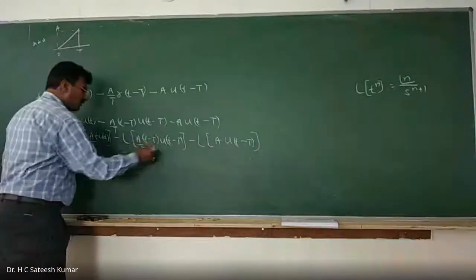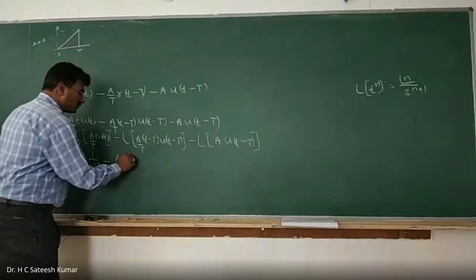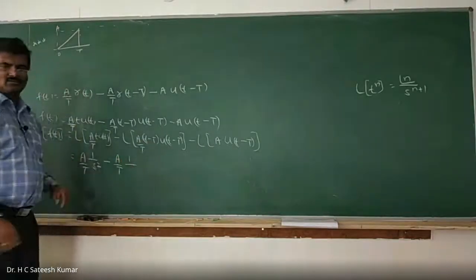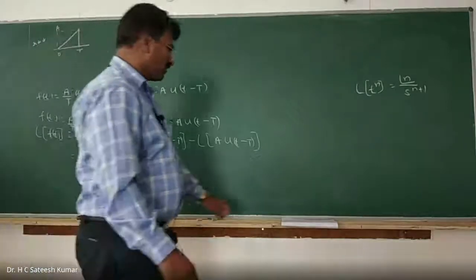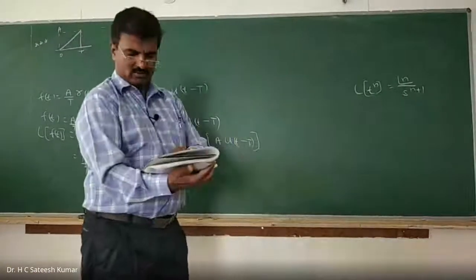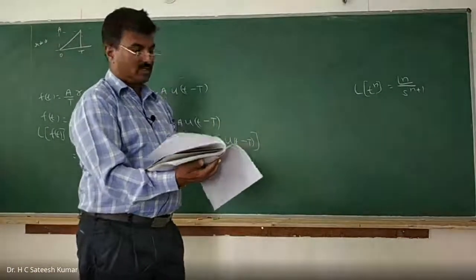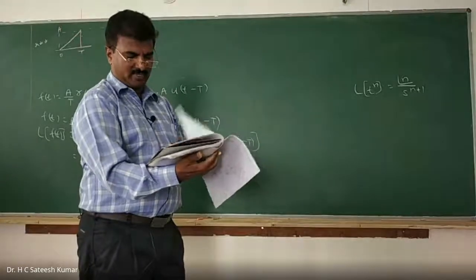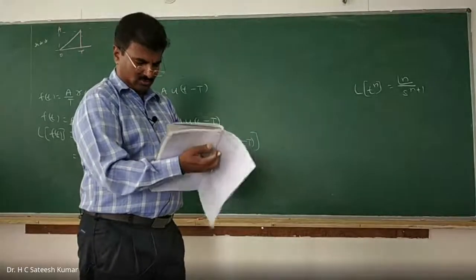First you write down the Laplace. The Laplace of t into u of t is 1 by s square. Since it is shifted by a certain amount, what should you do?